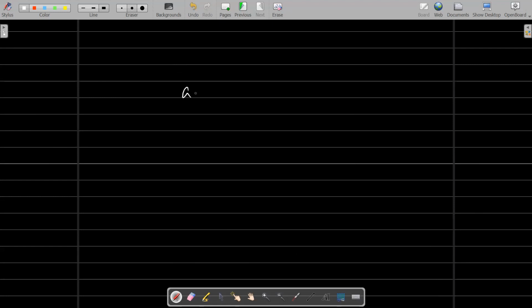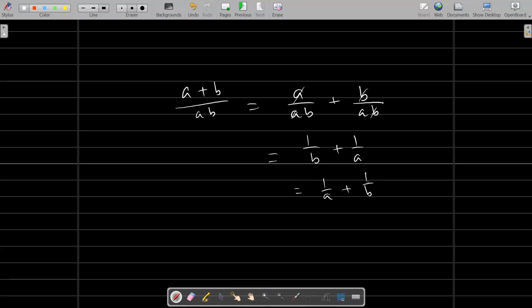A plus B upon AB is equal to A upon AB plus B upon AB, right? So here A cancels, so I get 1 by B, and here B cancels, I get 1 by A. I can of course change the order and write it as 1 by A plus 1 by B.